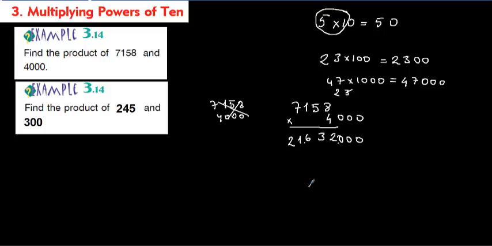If you multiply 245 by 300, instead of multiplying by 300 one by one each term as on the previous page, I'm going to do it like this. 3 times 5 is equal to 15, 1 in hand. 3 times 4 is equal to 12, 1 in the hand.